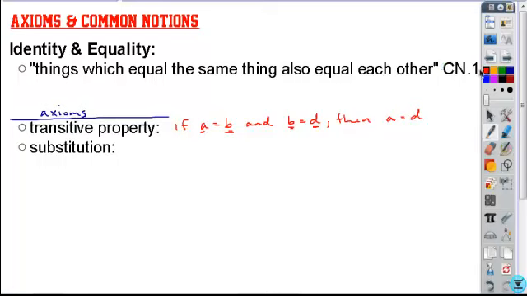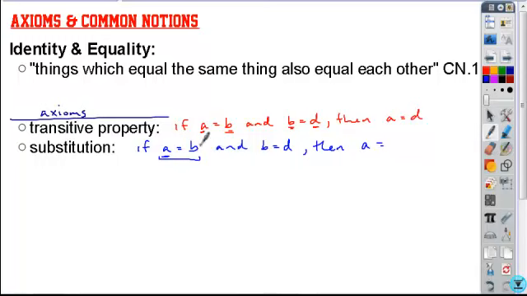And now we can extend this a little bit more because the axiom or the mathematical rule of substitution can also justify this same relationship. So if I write this statement the same way that it appeared, if A equals B and B equals D, then what we can do is take this whole original statement and we have A equals, and what can we replace B with?